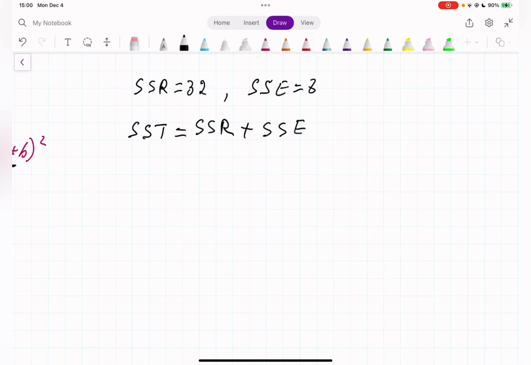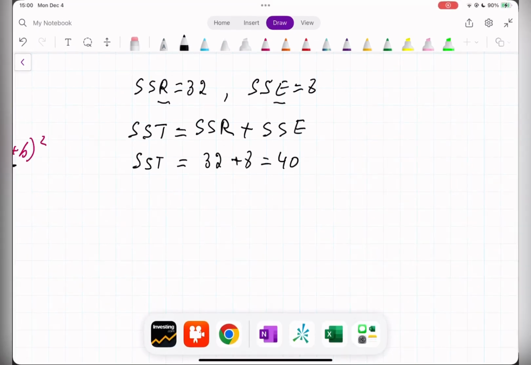E, error sum of squares, R, regression sum of squares. Okay, so accordingly SST is going to be equal to 32 plus 8, which equals 40. Let's write it down.